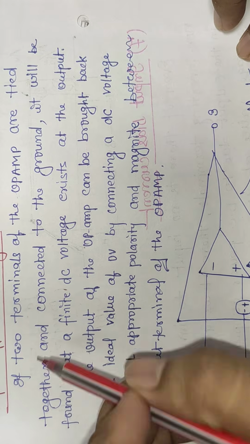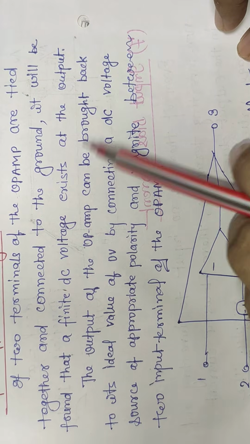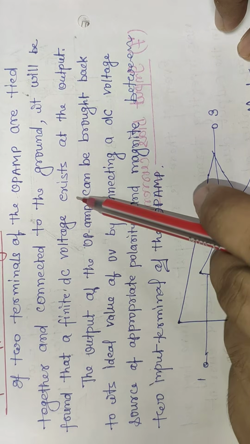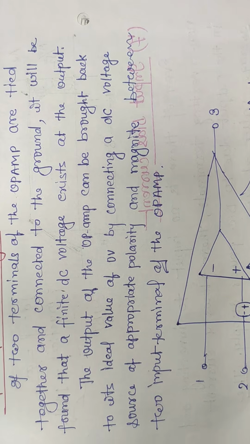If two terminals of op-amp are tied together and connected to the ground, it is found that a finite DC voltage exists at the output. What should happen ideally? If you short circuit the terminals of the op-amp, then output should be 0. But practically what happens? Still there is a finite DC voltage at the output.